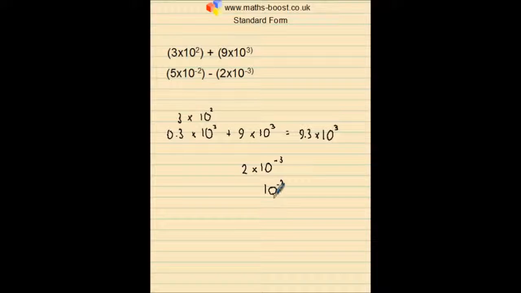Now it's important when we're working with the negative signs that you don't fall into the trap of getting mixed up, which is how we make something large and how we make something smaller, and into the realms of what's more negative, etc. So, if I move from 10 to the minus 3 to 10 to the minus 2, I've made this larger because it's less negative. And if I've made this side larger, I need to make this side smaller. There we have it. Be clear on this. So now I can put my other side in.